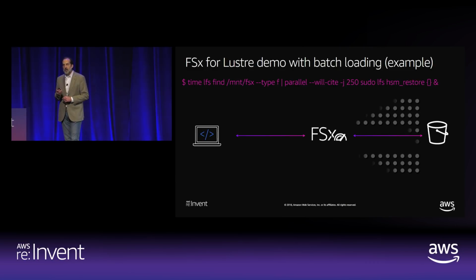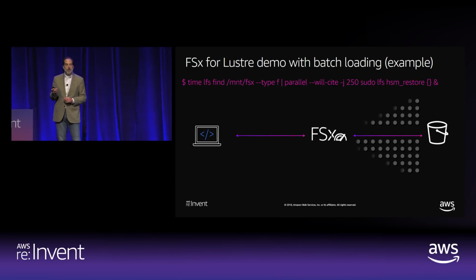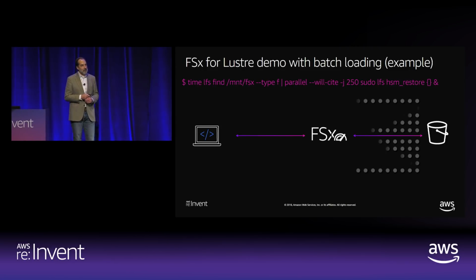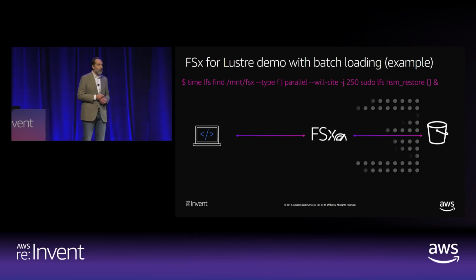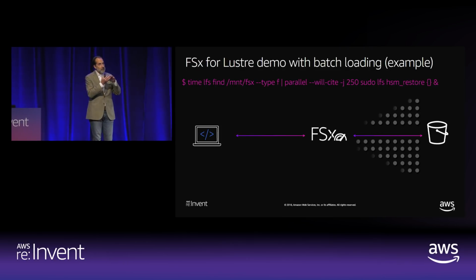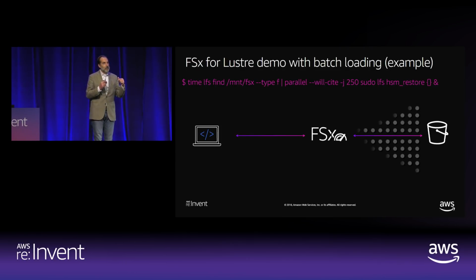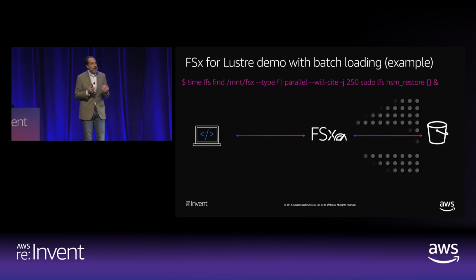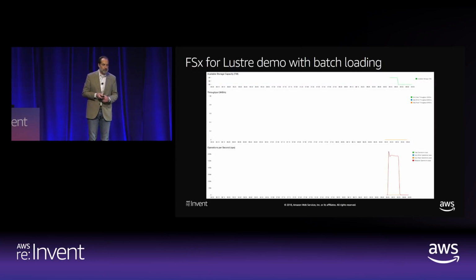It's going directly from the S3 bucket to the FSx for Lustre file system, and it's not going through a specific node. The way Lustre works, all of the OSTs that you saw in my list are getting the data directly from S3. So it's highly parallel, and that's how we're able to deliver high levels of throughput and operations per second as part of this load process.